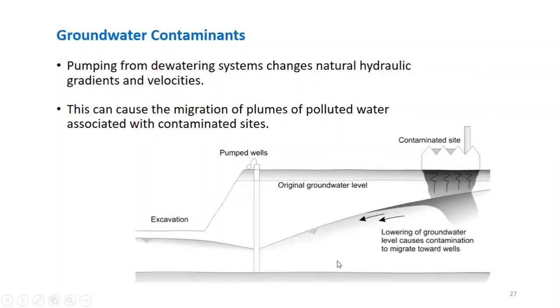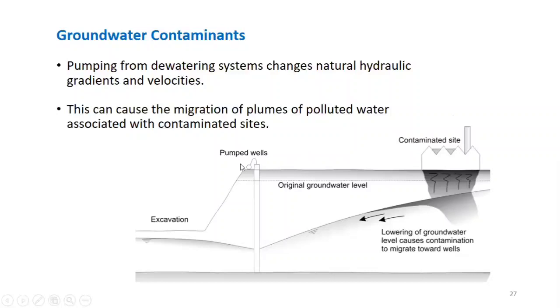Another important factor is contamination. Like I said before, if you have a contaminated site nearby, or an industry producing some kind of contaminants, not properly processing or treating them, and just disposing them into nearby streams or rivers, of course this is already causing damage to the environment.